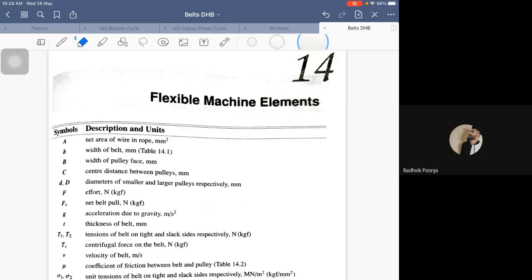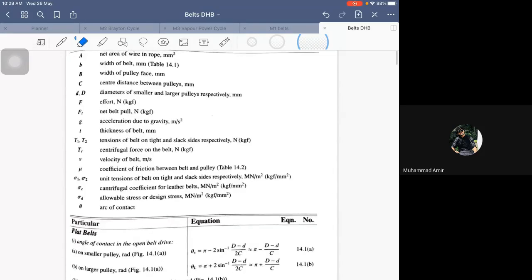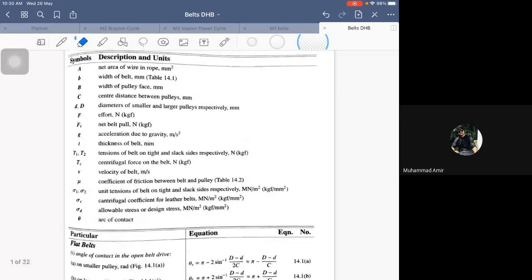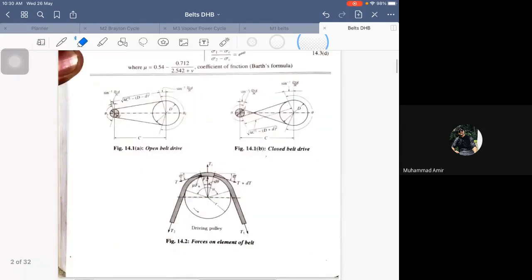Are the things clear? Yes, sir. Okay. Now, all of you just open your data handbook. What is this page number? 289 page number. Okay. Just go through each and every aspect starting from here, page number 289, 290.